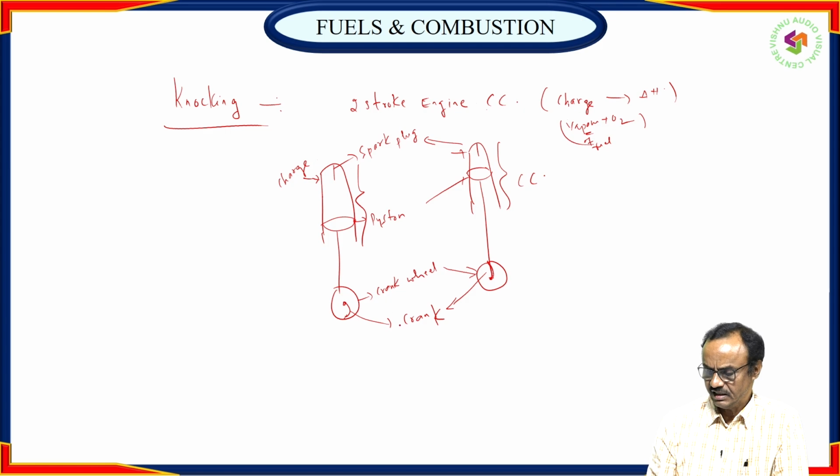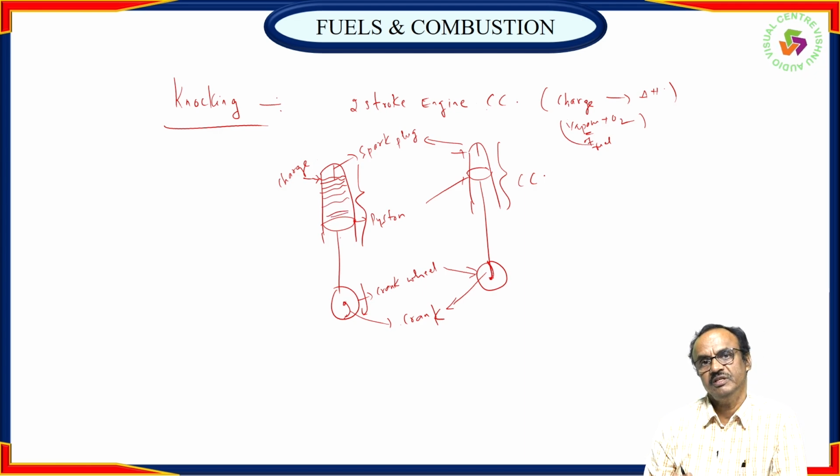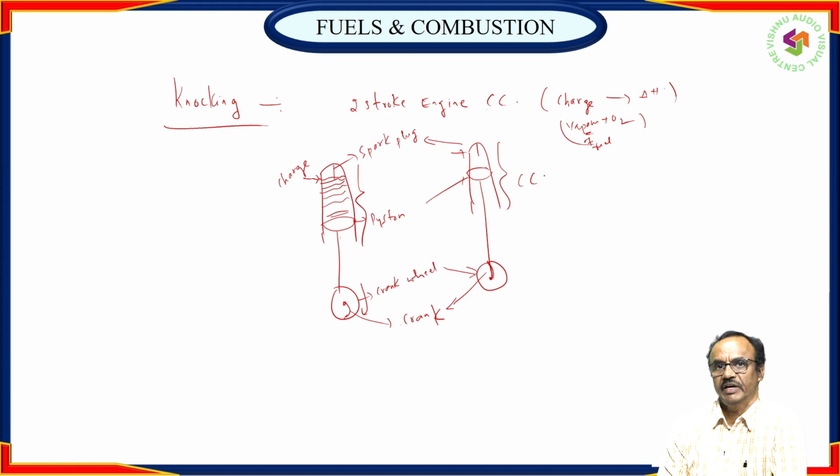When the crank wheel rotates clockwise, the piston moves downwards. When the piston moves downwards, the charge gets sucked into the chamber, like pumping air into cycle tires. So it sucks in the charge. When the crank wheel rotates clockwise, the piston moves downwards, and simultaneously the charge gets into the chamber.